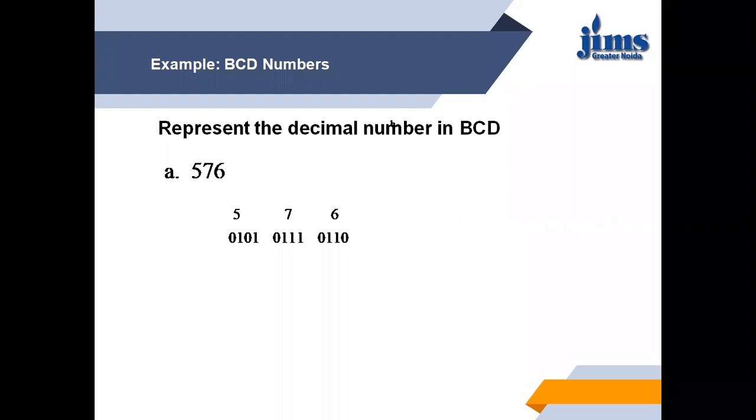Okay, fine. Take another example. Now we have the decimal number 98701. So write down its binary equivalent.